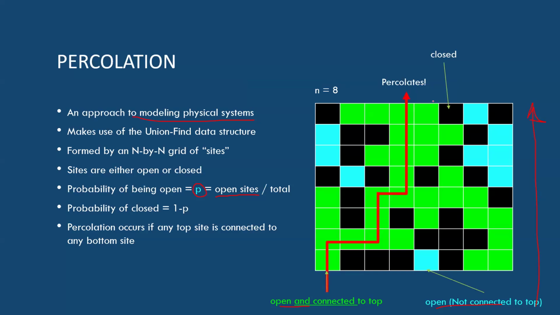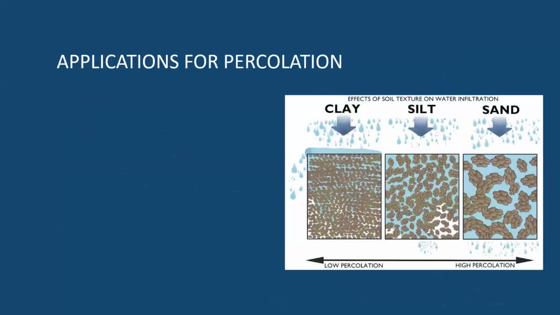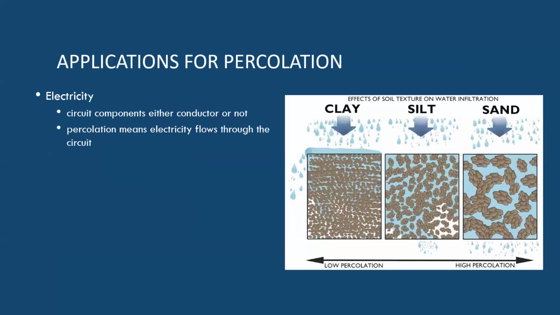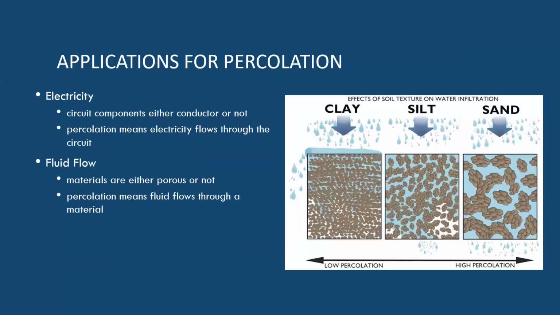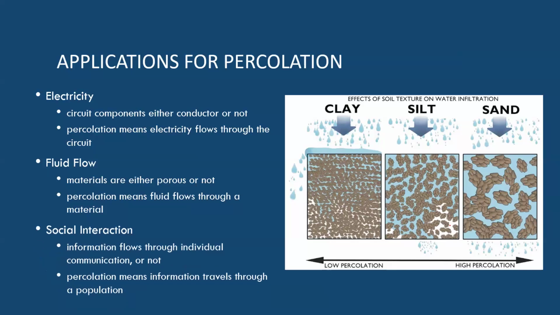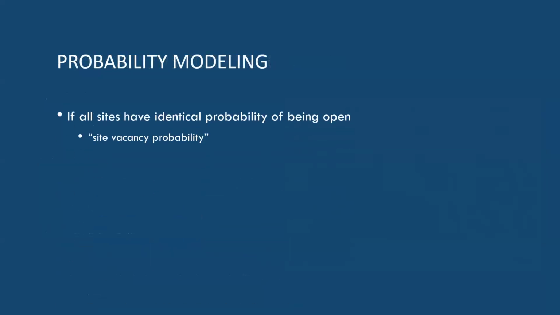We want to simulate gradually adding more and more open sites until we get percolation. And this has real world implications. So figuring out, again, with soil or electricity, et cetera, what is the level of porosity I need in order for information to flow through there, okay?